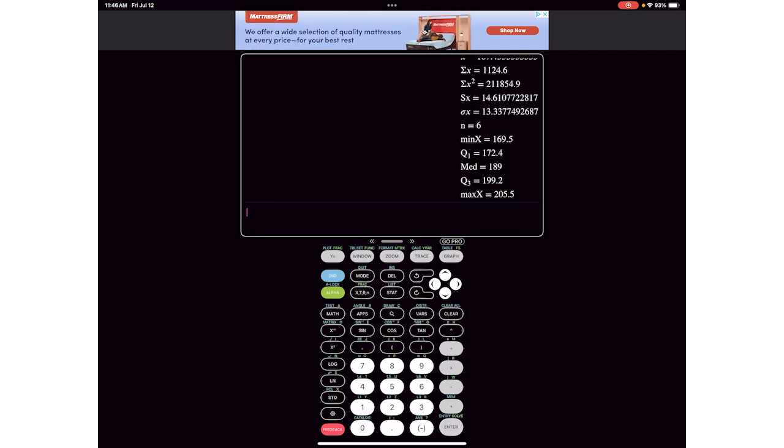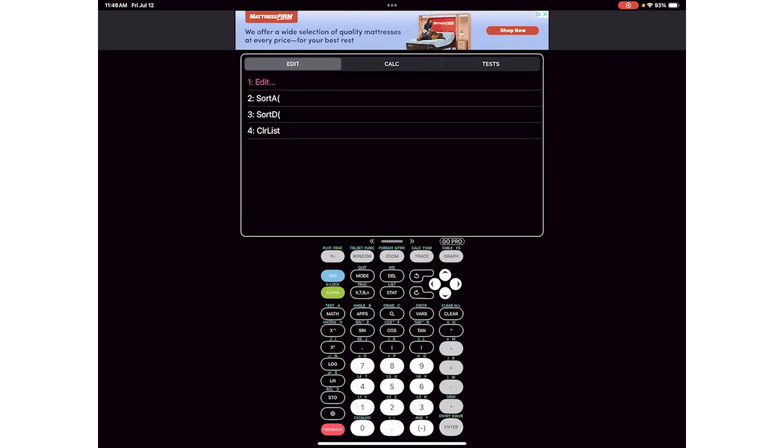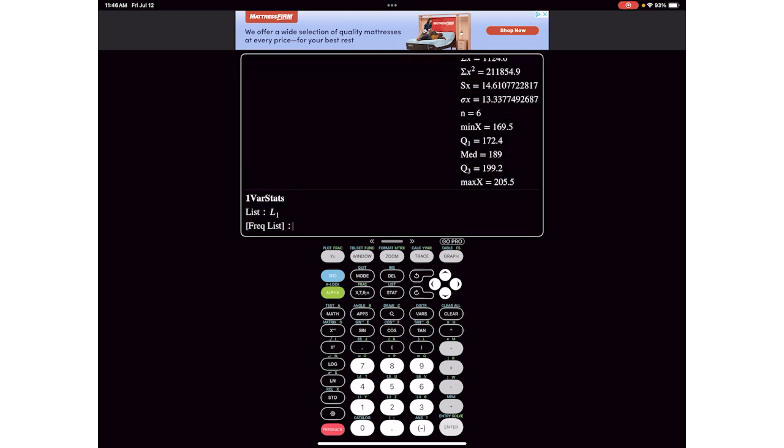And then you would go back into stat again, and this time do 1-variable stat, but you need to change your list from L1 now to L2. So I'm going to change this to L2, and you do that by just clicking second 2, and then hit enter, and then it gives you the statistics for the second set of data for the strangers.